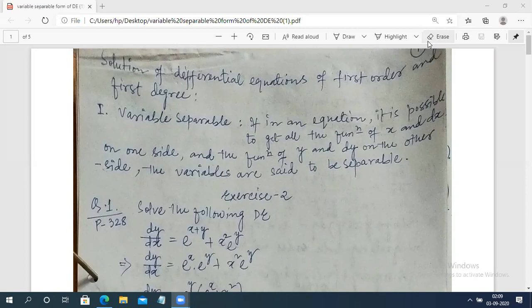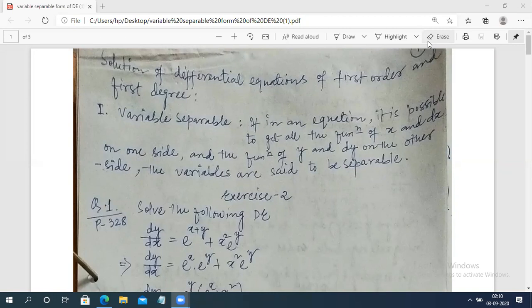So we need to separate out all the functions of x along with dx on one side of the equality sign, and get all the functions of y along with dy on the other side. If this is possible, that means if the variables can be separated, then it is known as the variable separable method.